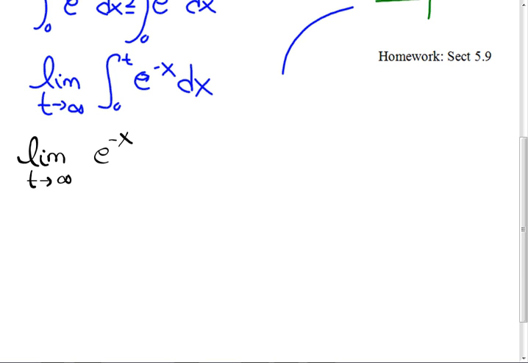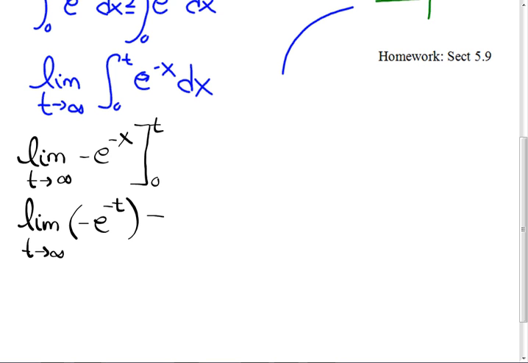If I take the derivative of this, I get a negative e to the minus x. I have a positive one, so let's put a negative with it. Now does it work? If you need a u substitution, please do it. So it's the limit as t goes to infinity of minus e to the minus t minus e to the 0.